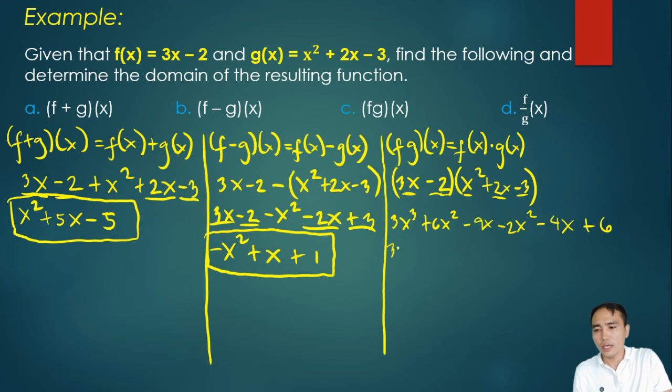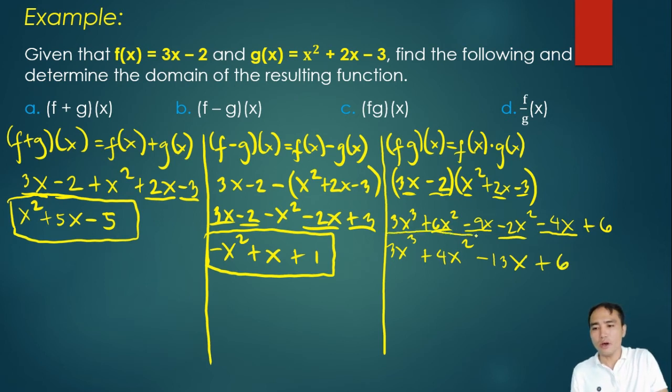Bring down 3x cubed, combine 6x squared minus 2x squared, so that will give us positive 4x squared. Next, negative 9x minus 4x will give us negative 13x, and then bring down positive 6. So this is the value of f times g of x.